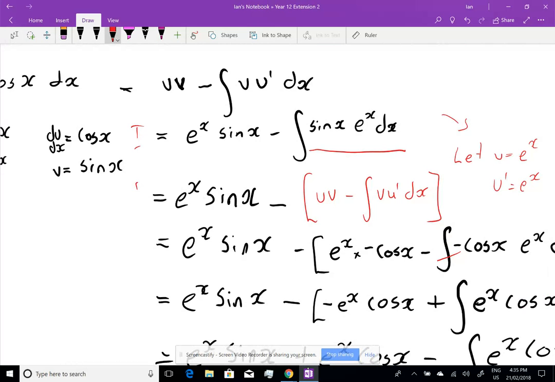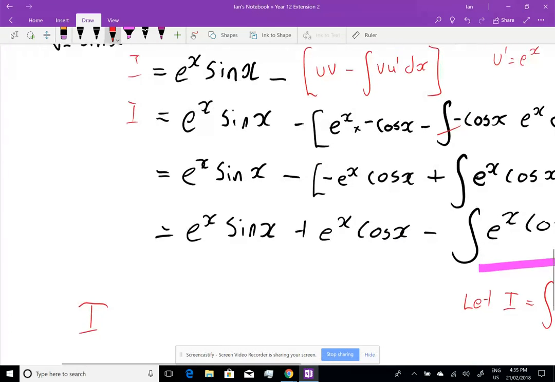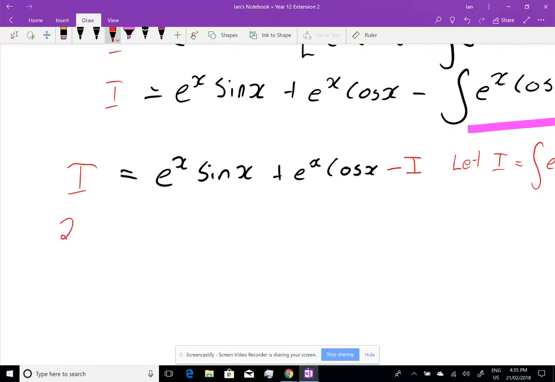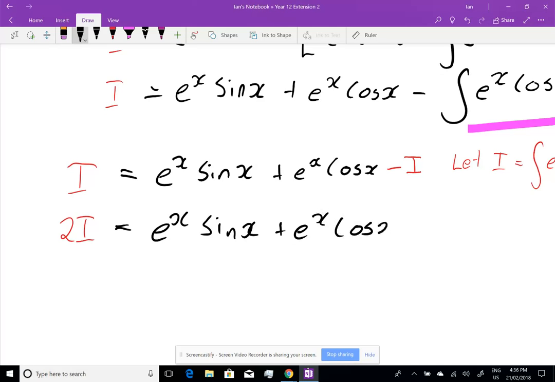This is I equals e to the x sine x plus e to the x cos x minus I. So over here I get two I's equals e to the x sine x plus e to the x cos x.